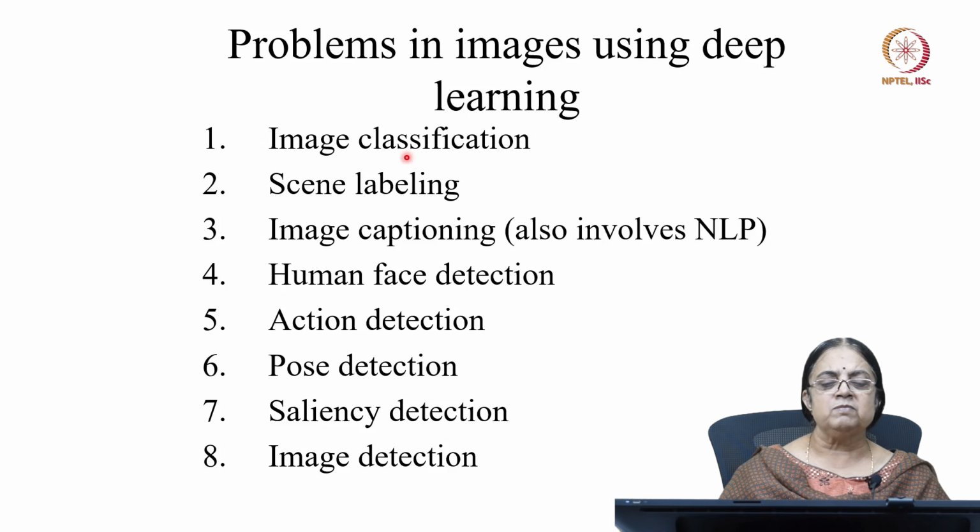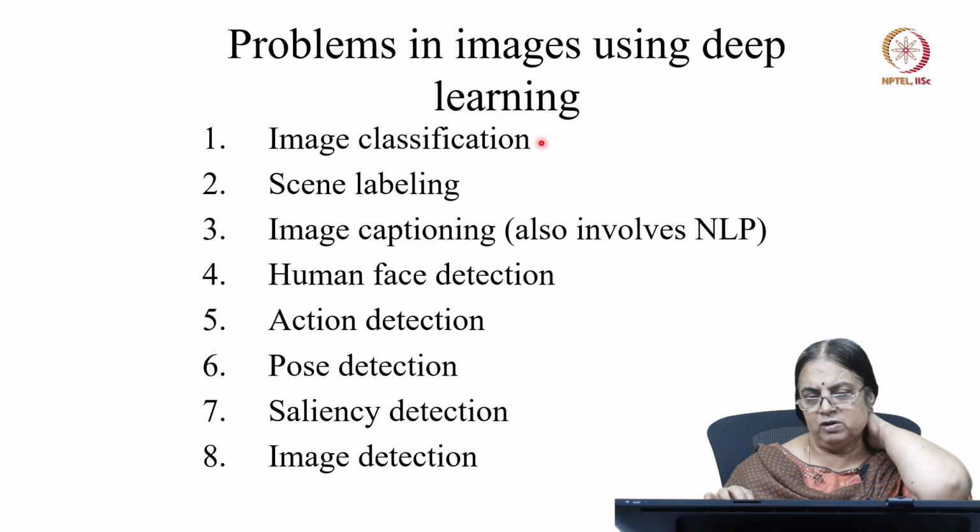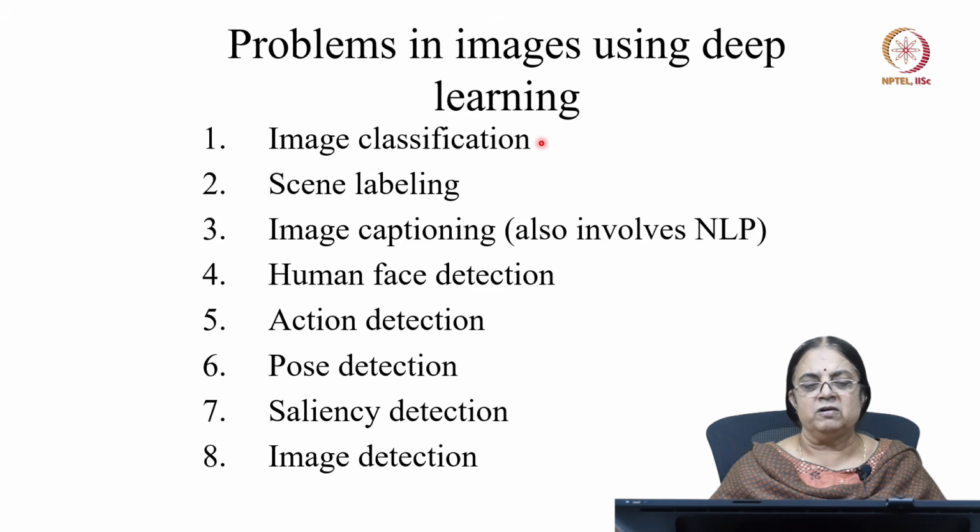Of course, one is image classification. If you have taken, say, remote sensed data from the satellite, you should be able to look at it and say that these are cotton fields, these are rice fields, this is a road, etc. And even in rural areas, this is a road, this is a building, etc. That type of classification.